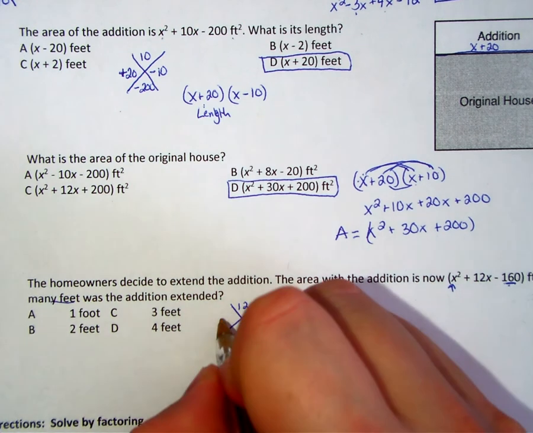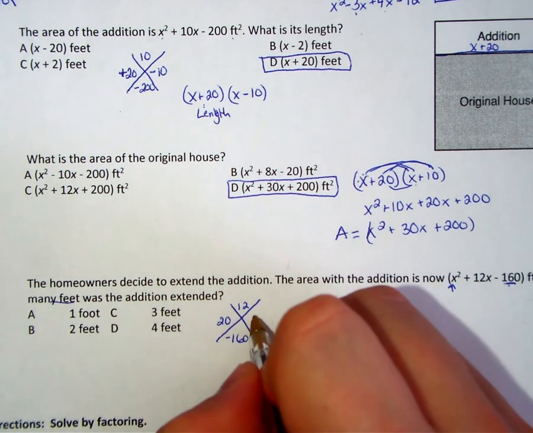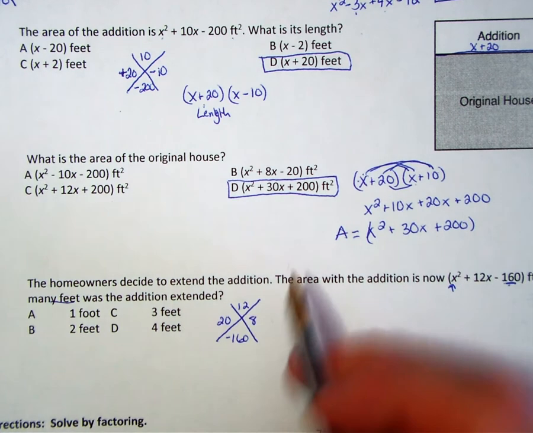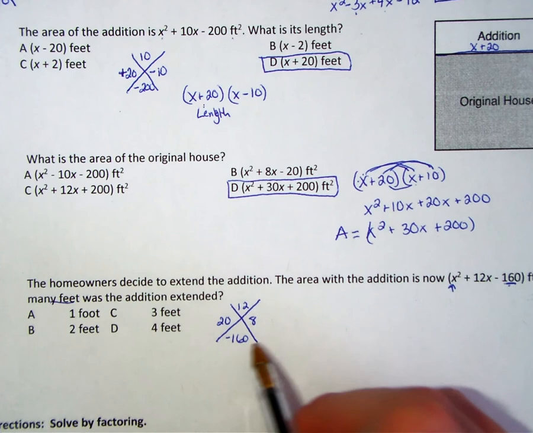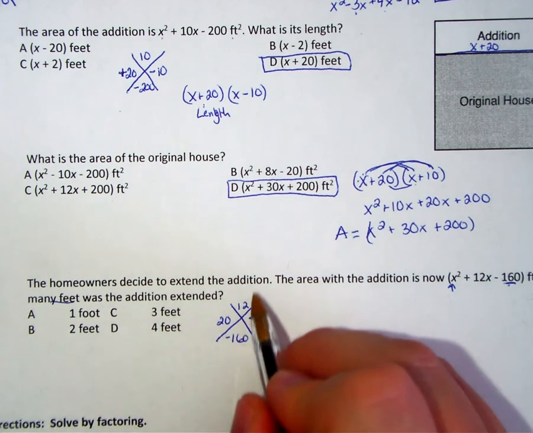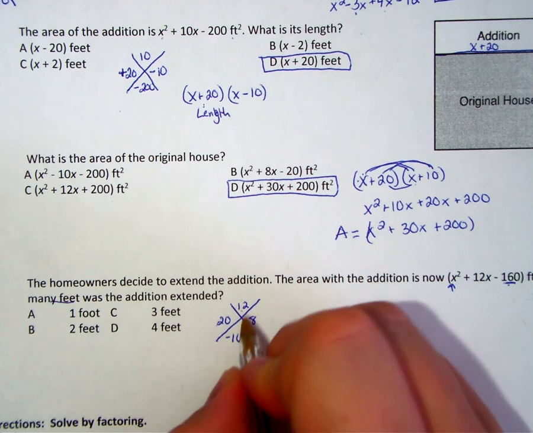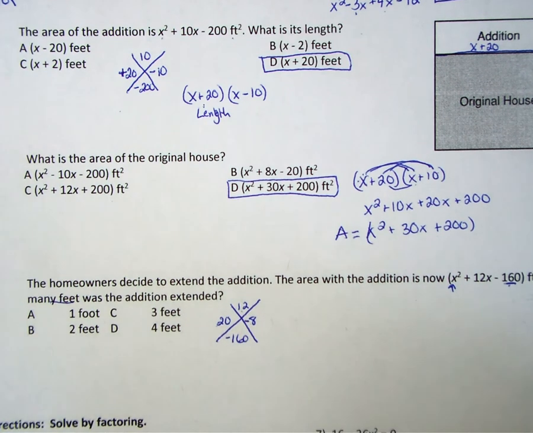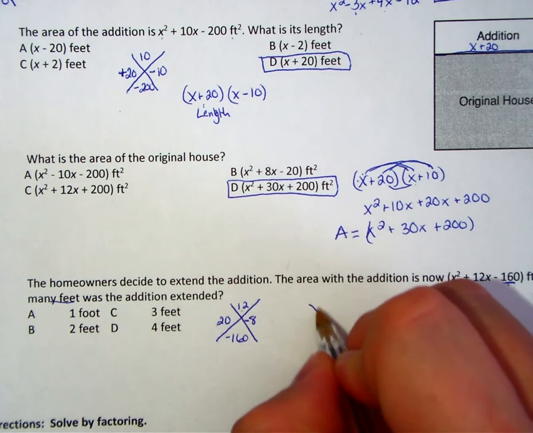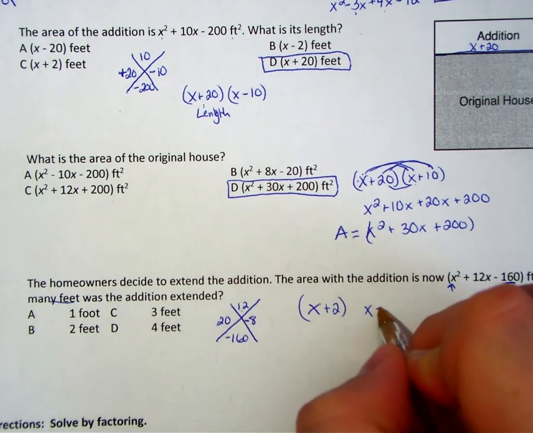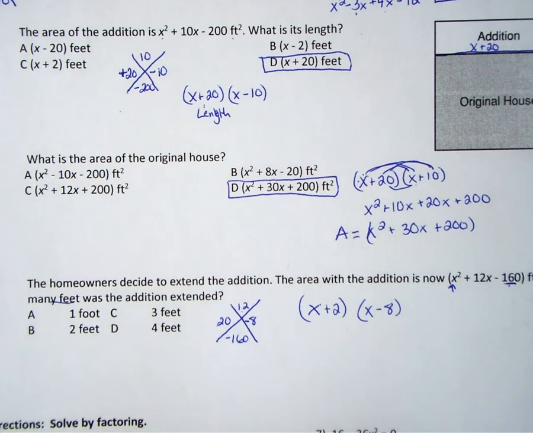It looks to me like a 20 and an 8. 8 times 2 is 16, add the zero, 160. I need to get a positive 12, which means I need my 20 to be positive and my 8 to be negative, so that when we add them together, we end up with 12, which means my factors are x plus 20, x minus 8.